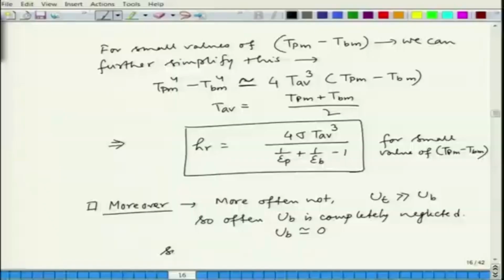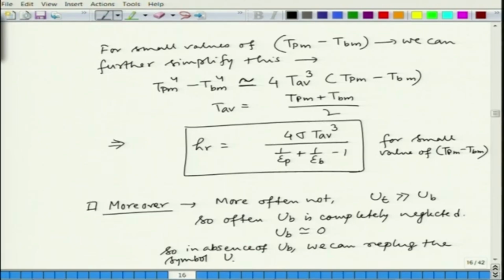So, in absence of ub, we can replug the symbol ul. It is convenient because it tells you about the loss, it reminds you of the loss. So, what it means, that we will use ul equal to ut.